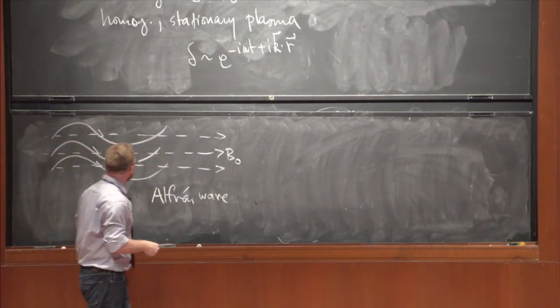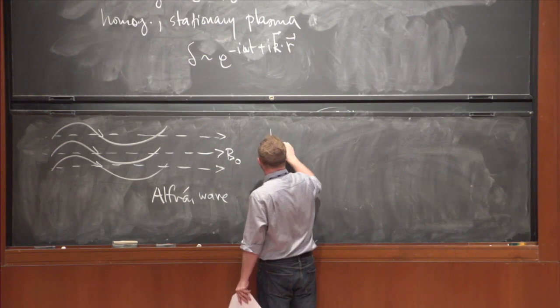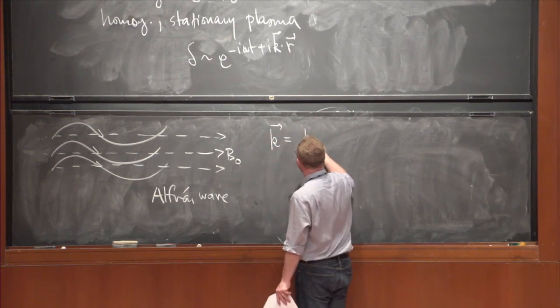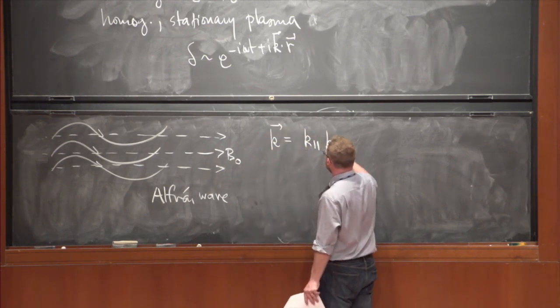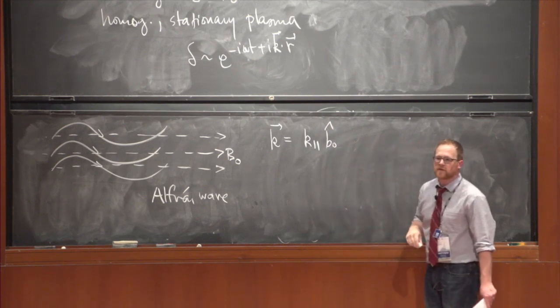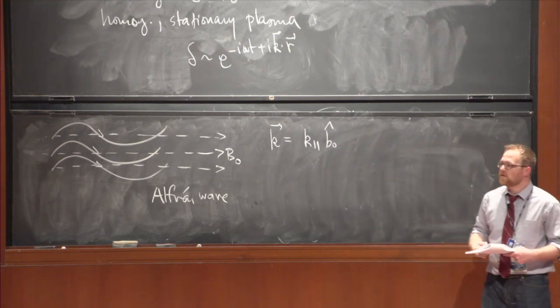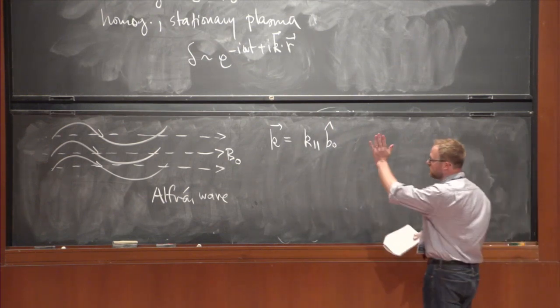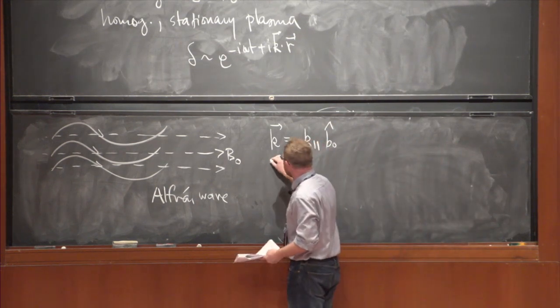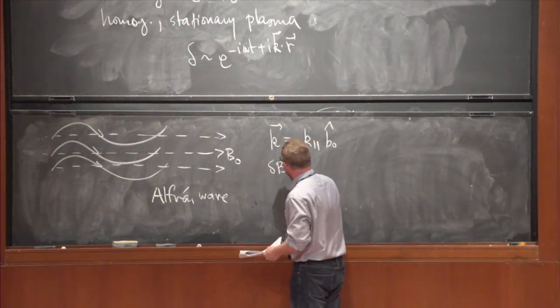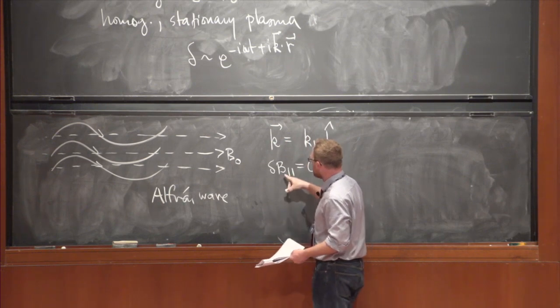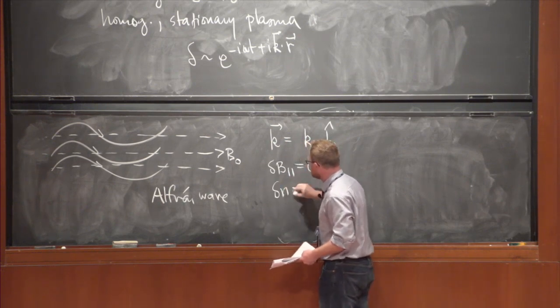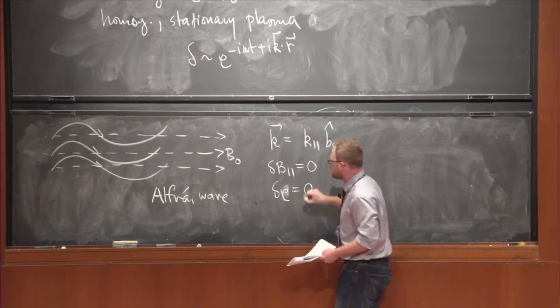You can have all sorts of Alfvén waves, but the one I've drawn has a wave vector which is only along the magnetic field. So this is called a shear Alfvén wave. It's polarized like that. This has no compressions in the magnetic field. It has no changes in the mass density.